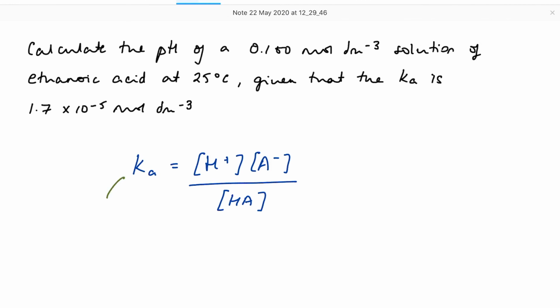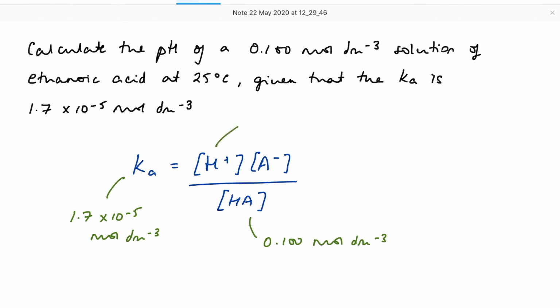I know that the Ka is 1.7 times 10 to the minus 5 mole per decimeter cubed. Our assumption is that at equilibrium, because this is a weak acid, the initial concentration of the acid remains unchanged. So that is 0.100 mole per decimeter cubed.